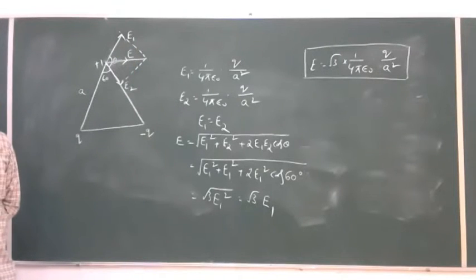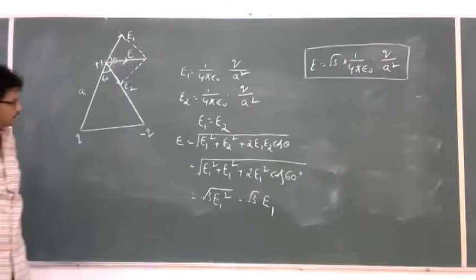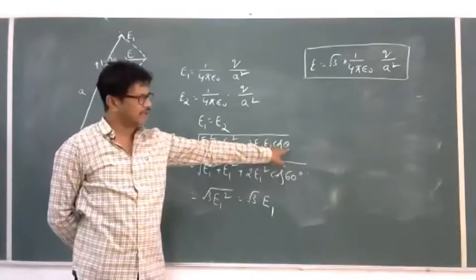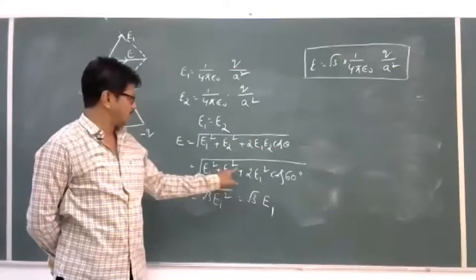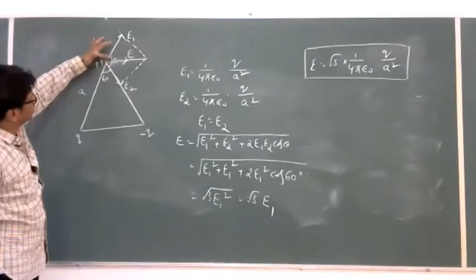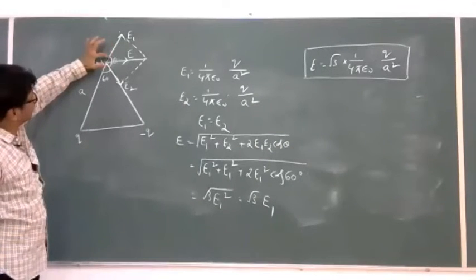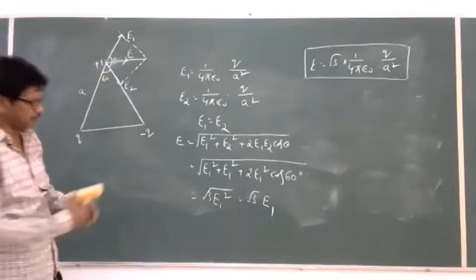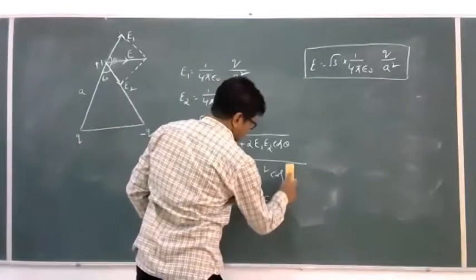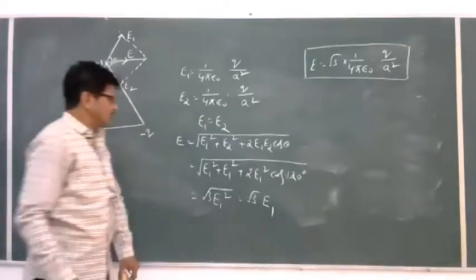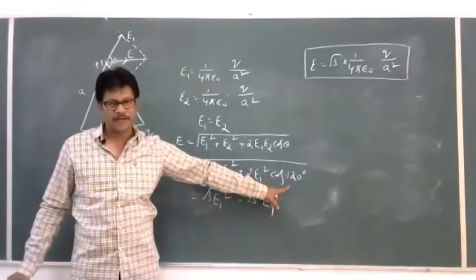Therefore, E is equal to root of E1 square plus E2 square plus 2 E1 E2 cos theta. What is the value of theta here? The total angle is 180, of which 60 is inside, so the remaining 120 is theta. Cos 120 is equal to minus 1 by 2.